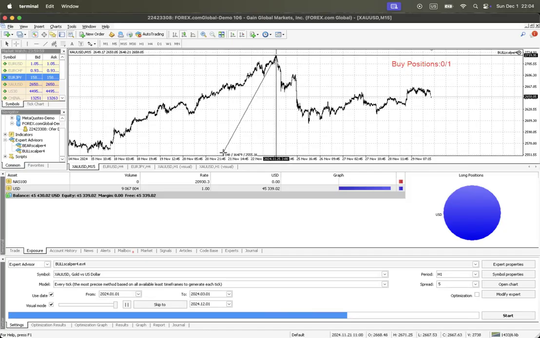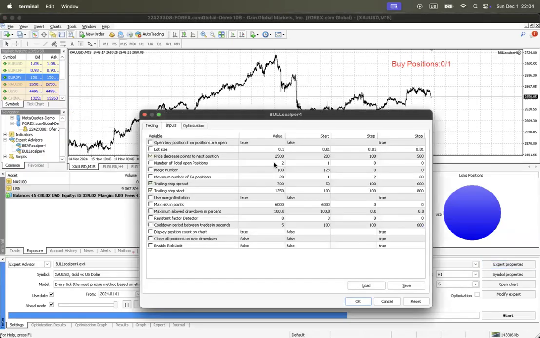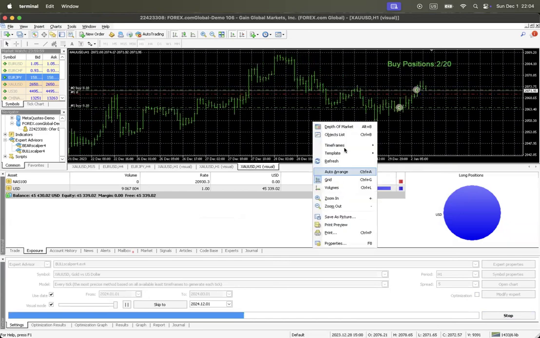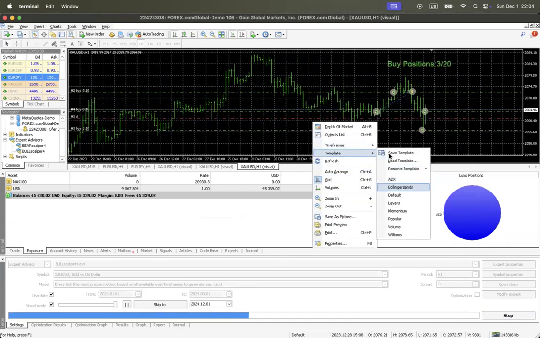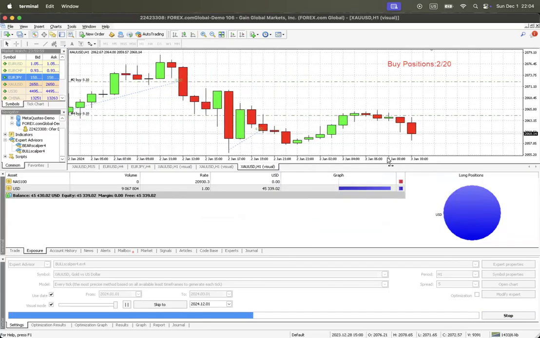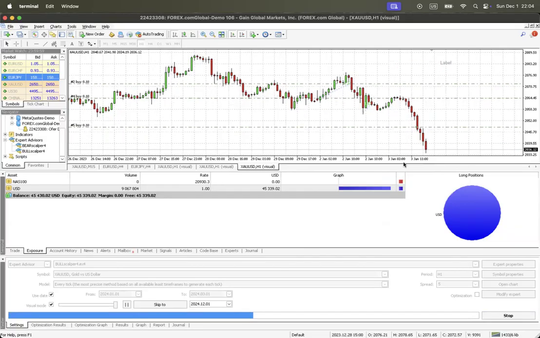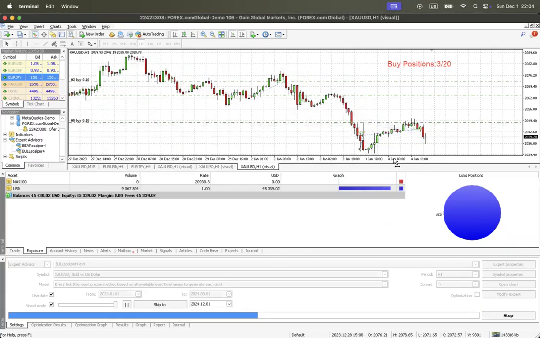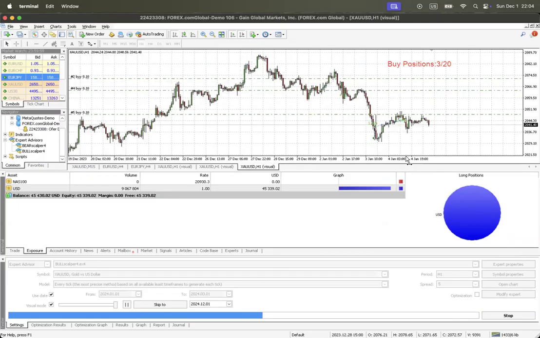So now the range on 15 is 16. So it's around 16,000. Of course, this one is more risky.